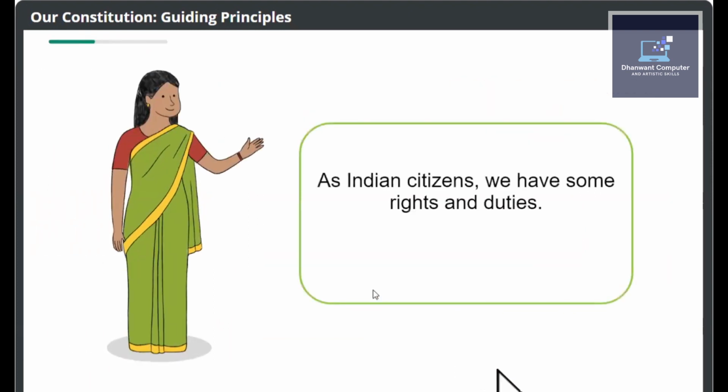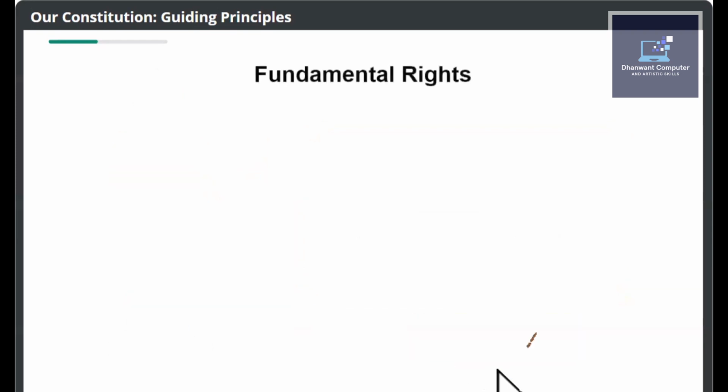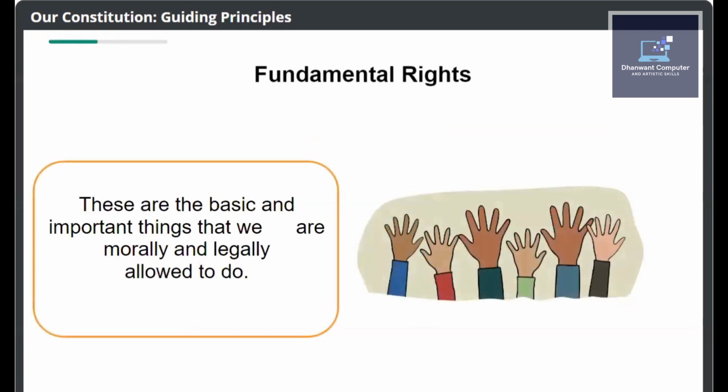As Indian citizens, we have some rights and duties. Let us understand each. Fundamental rights of an Indian citizen. These are the basic and important things that we are morally and legally allowed to do.